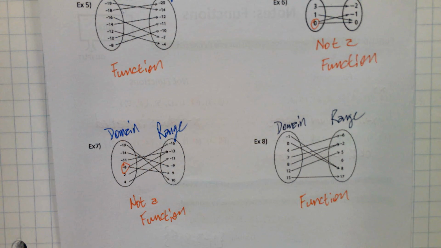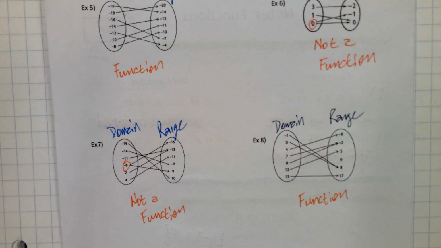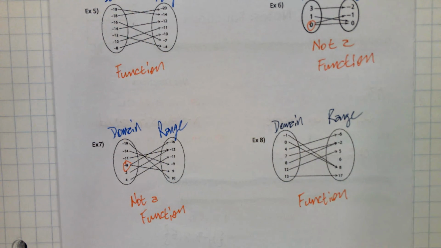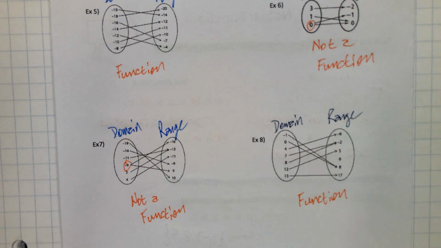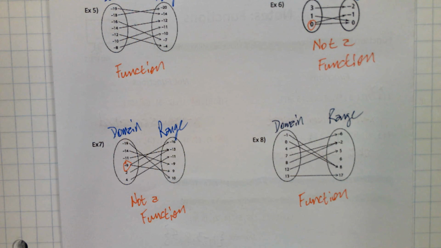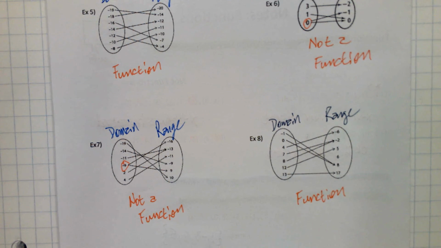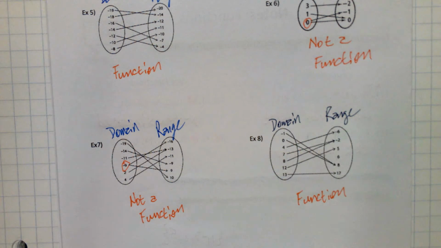Okay. Oh, we got another one too, huh? -2 on the range side. Both 7 and 8 are mapping onto -2. Okay, but that's okay in a function. All right. So now we identified domain, range, and functions on mappings.